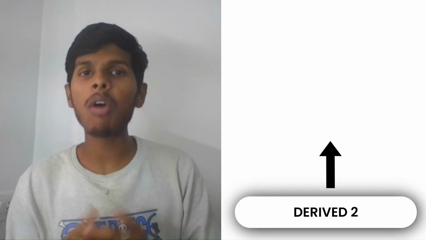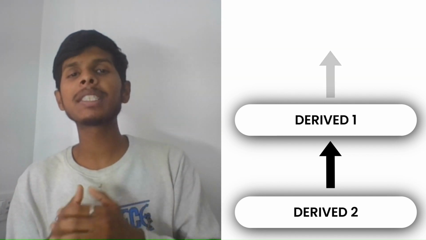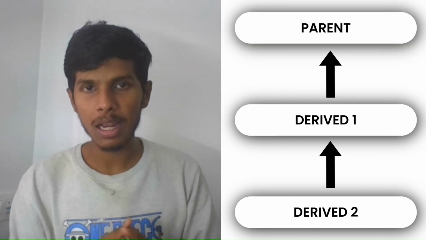So what is the definition of multi-level inheritance? In simple terms, the derived 2 class inherits the properties of the derived 1 class, and the derived 1 class inherits the properties of the parent class.